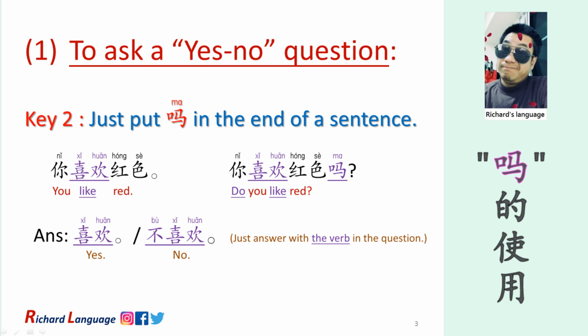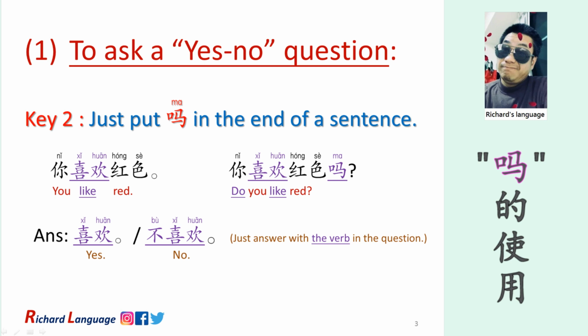Okay, right now, let me give you another example. 你喜欢红色。You like red. And what should we do if we want to change this sentence into a yes-no question?